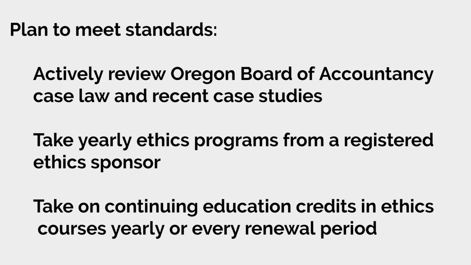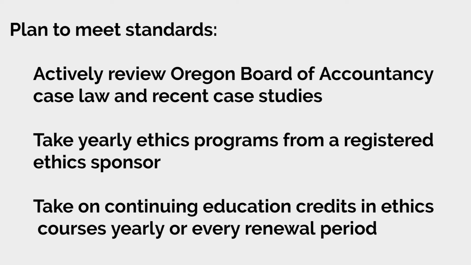And lastly, my plan to meet those standards were I to become a CPA. Number one, I would actively review the Oregon Board of Accountancy case law and recent case studies. Those are all available on the Oregon Administrative Rules website and under Chapter 801 as well in the OAR. Next, I would take yearly ethics programs from a registered ethics sponsor.